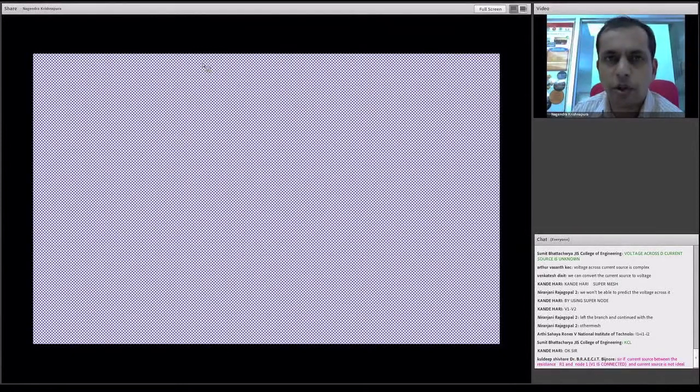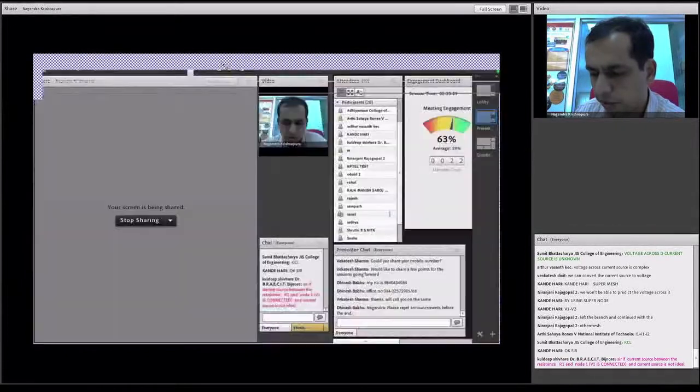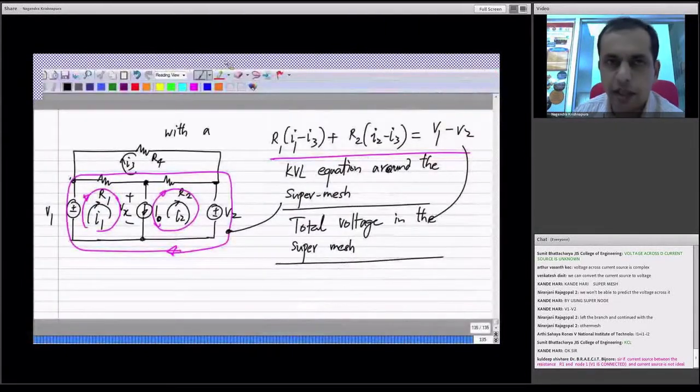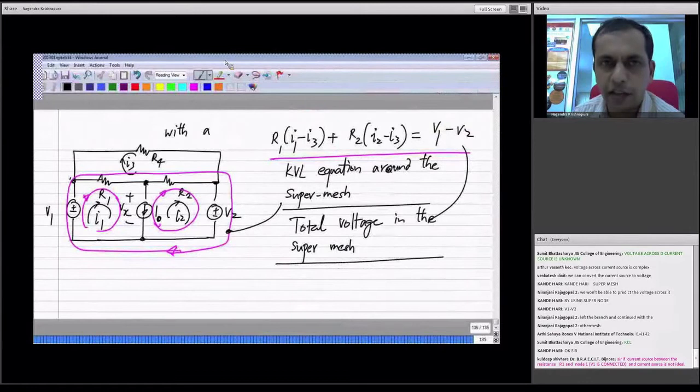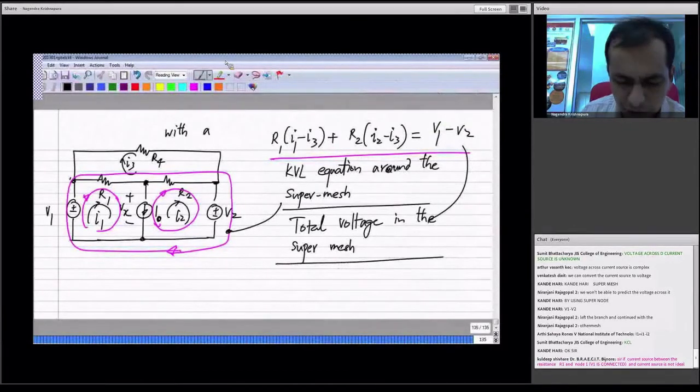Now there is a question about non-ideal current sources. We have not discussed non-ideal current sources, but maybe we can quickly do that. As far as the analysis is concerned, a non-ideal current source will be the same as an ideal current source in parallel with some resistance.